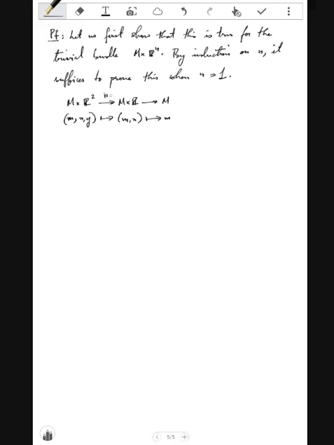Let's call this pi_1 and let's call this pi_2. So pi_2 composed with pi_1 lower star is equal to pi_1 lower star composed with pi_2 lower star.